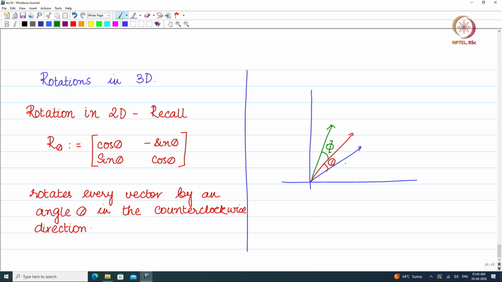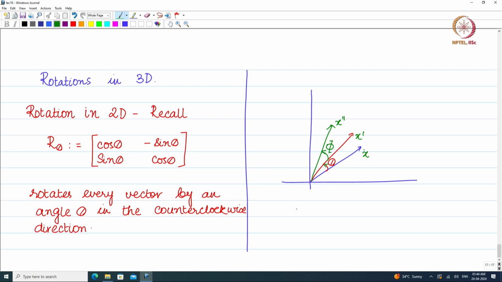From the point x, which goes to x prime and then x double prime, we have actually gone through an angle of theta plus phi in the counterclockwise direction to go from the original point x to the point x double dash.